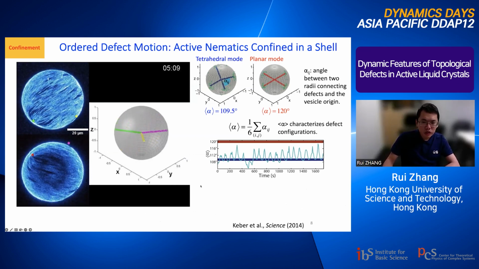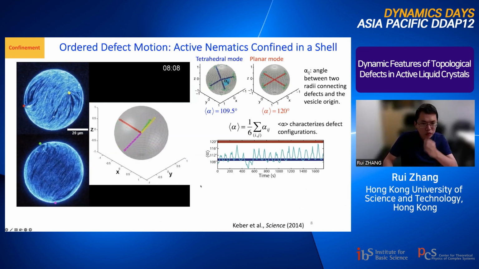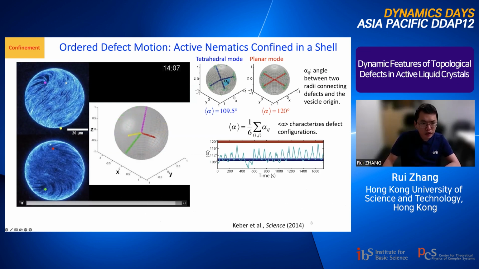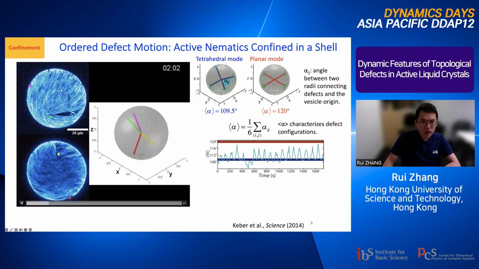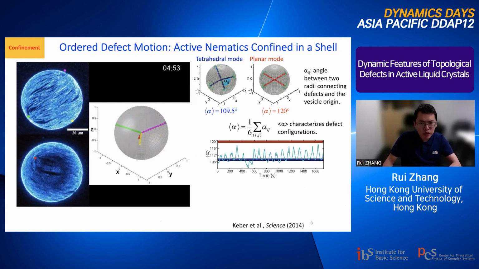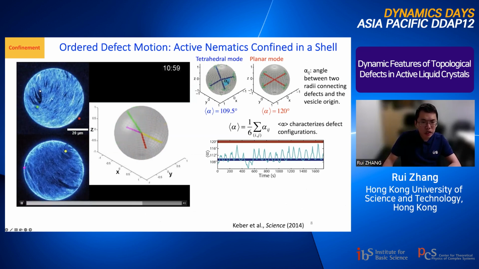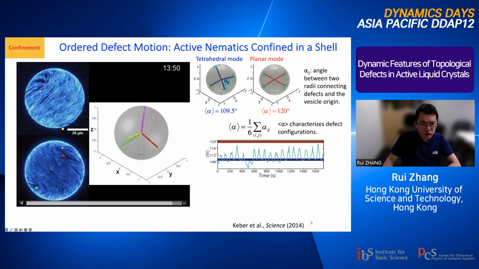The first example that we look at is a spherical system. On top of it, you can see there are 4 defects. This is due to topological reasons. The ground state of a liquid crystal confined on a sphere is composed of 4 defects.